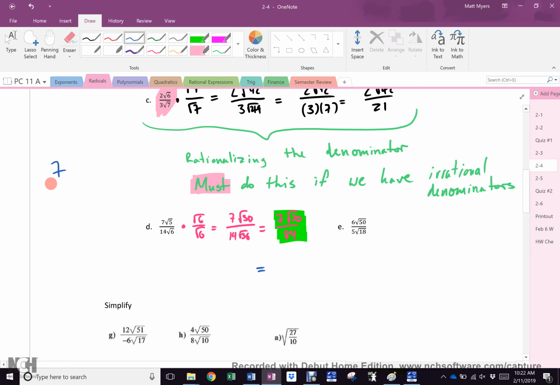Let's pretend we know how to simplify that fraction. Thank you. It is root 30 over 12. That, again, in the real world, that's the only right answer.